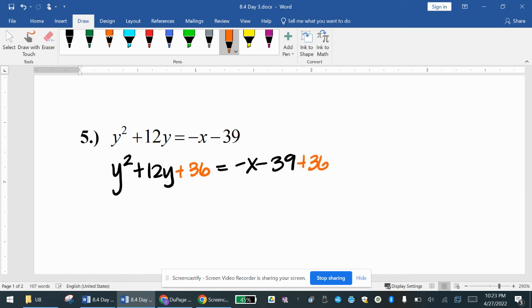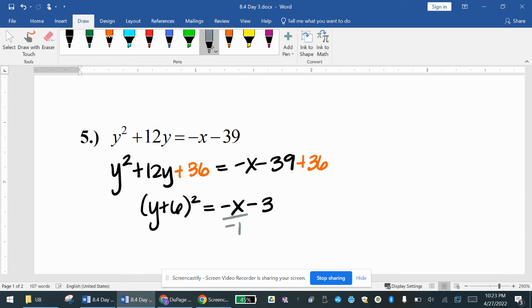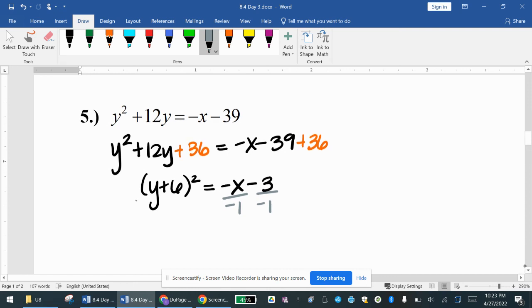Then we're going to maintain the balance, factor this, or just take half of 12 and put it in the parentheses as a quantity squared. And then don't forget that you need the coefficient of your linear term to be positive 1. So essentially, on the left side, you're doing 1 divided by negative 1, which gives you negative 1.